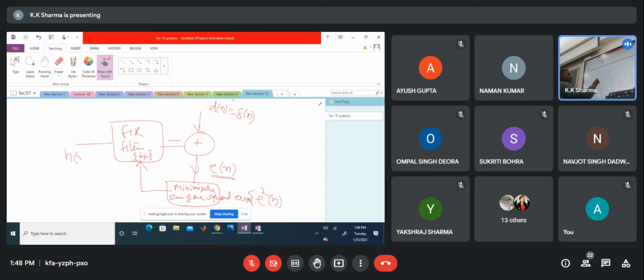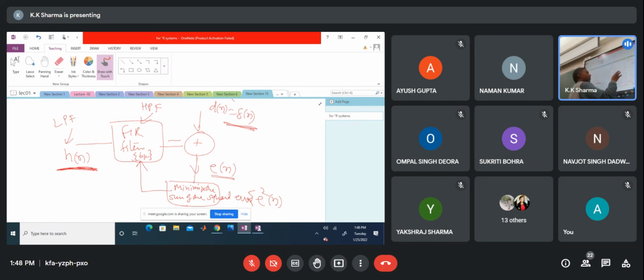And my input signal is h of n. So given this h of n, which is, let us say, a low pass filter, then this FIR filter is going to be a high pass filter, so that the cascade of these two gives me delta n.